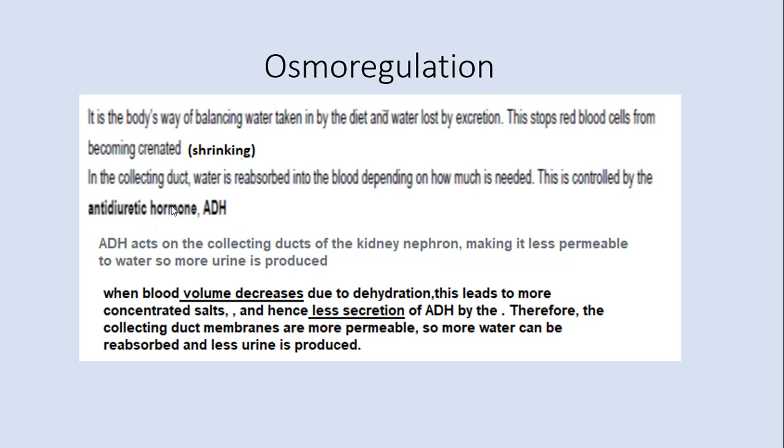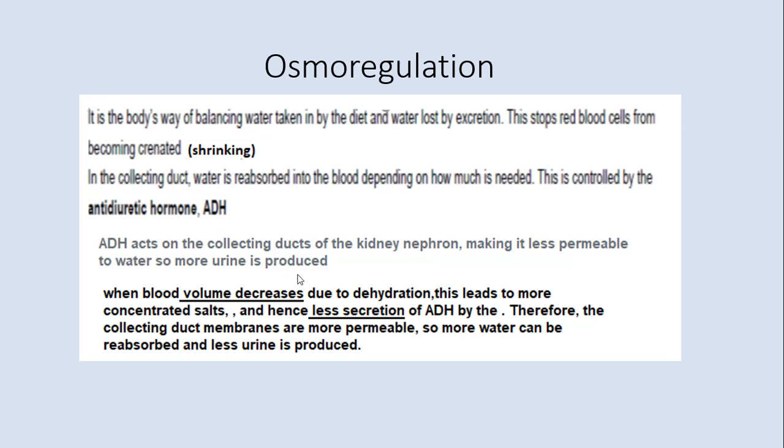It means that the urine stays that much in the collecting duct, so absorption of water is less. So ADH enhances urination. It makes the water less absorbed from urine.